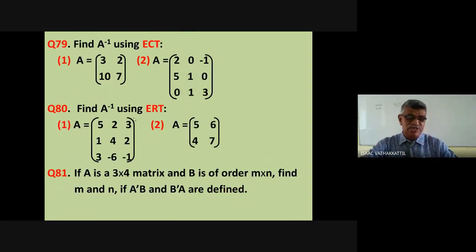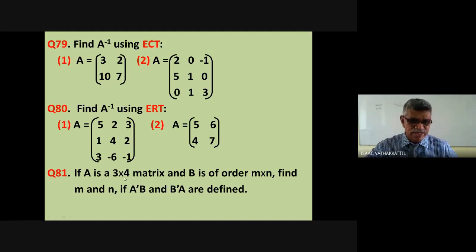Well, we have a few questions. First is to find A inverse using ECT. You may encounter at any moment any of these, it may be non-invertible also. Next is again to find A inverse using ERT, 3 by 3 and 2 by 2.